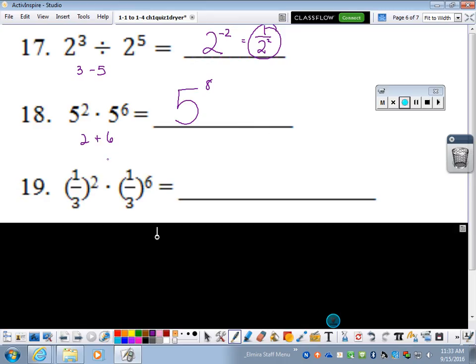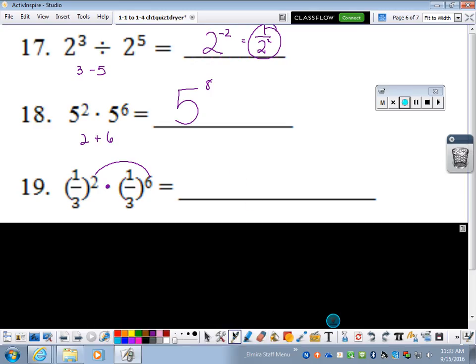Number 19, some really important things to remember because you see a fraction there. It's a multiply problem. I will add 2 plus 6 to get an exponent of 8, but my base, 1/3, needs to be in parentheses. Fractions remain in parentheses to the 8th power. If you leave off the parentheses, just look at this for a minute without parentheses.